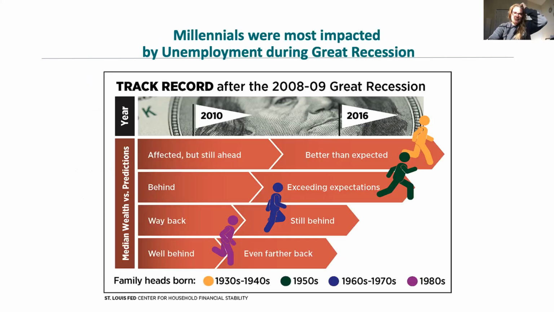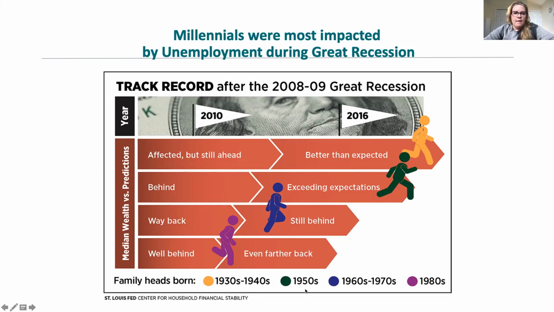So here is a little graphic I found demonstrating how millennials were most impacted by the unemployment as a result of the Great Recession. People born in the 30s and 40s, called the silent generation, were affected, but not by much, because many of them were at retirement age or had already retired. And so they were not affected as much by the shortage in jobs available.